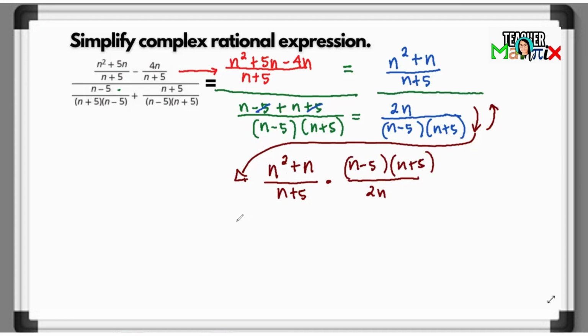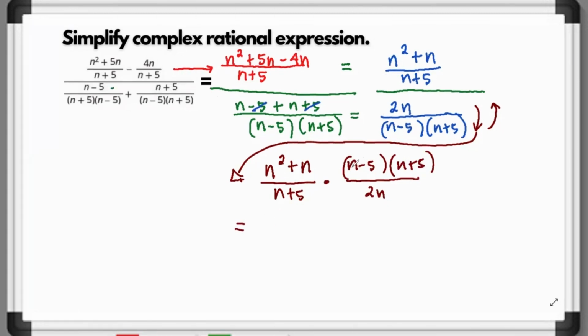Then, let's see if any expressions can be divided by itself so that we can cancel. So we have n plus 5 divided by n plus 5.